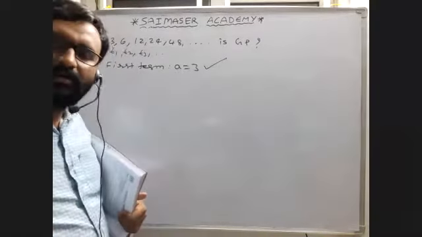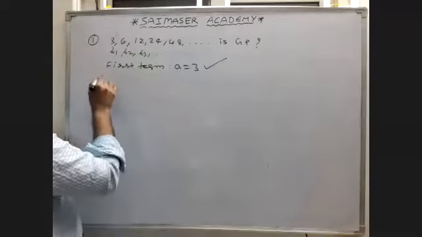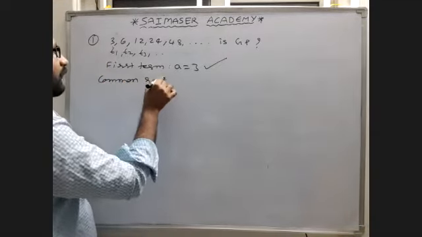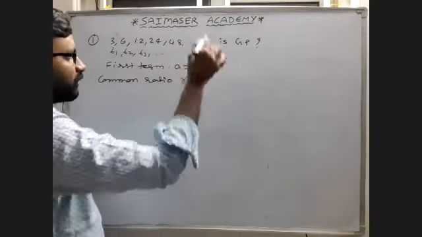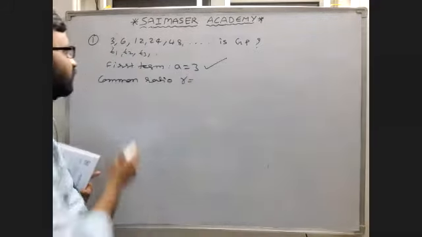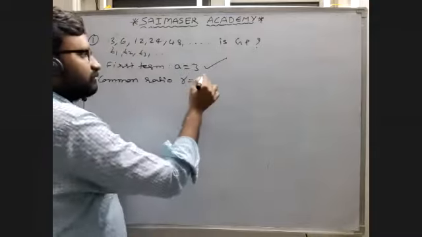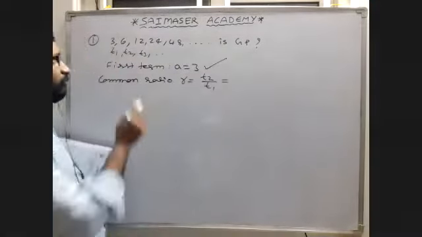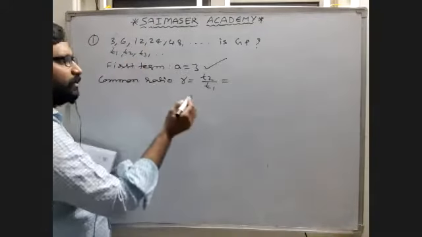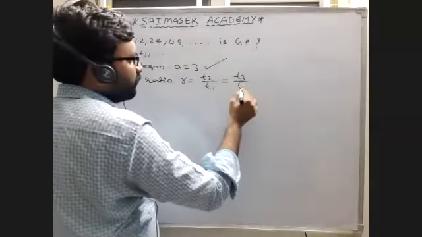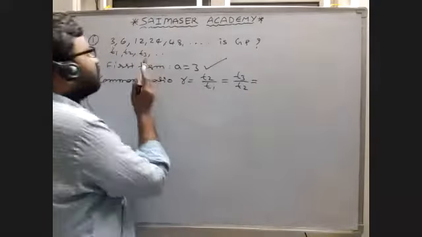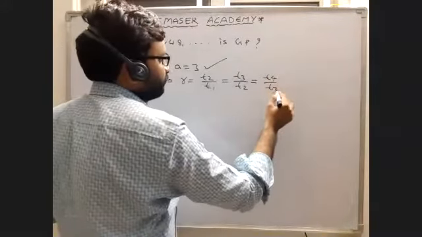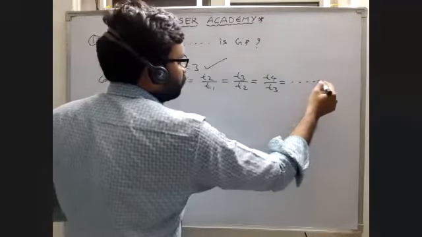The common ratio, denoted with small r, is equal to T2 by T1, which should be equal to T3 by T2, equal to T4 by T3, and so on.